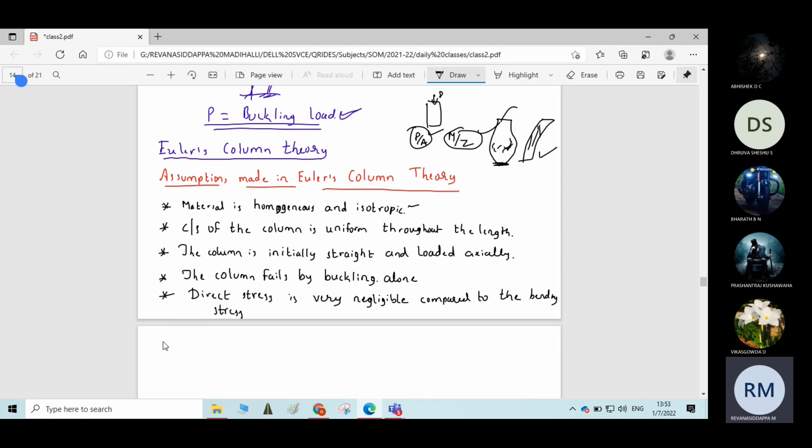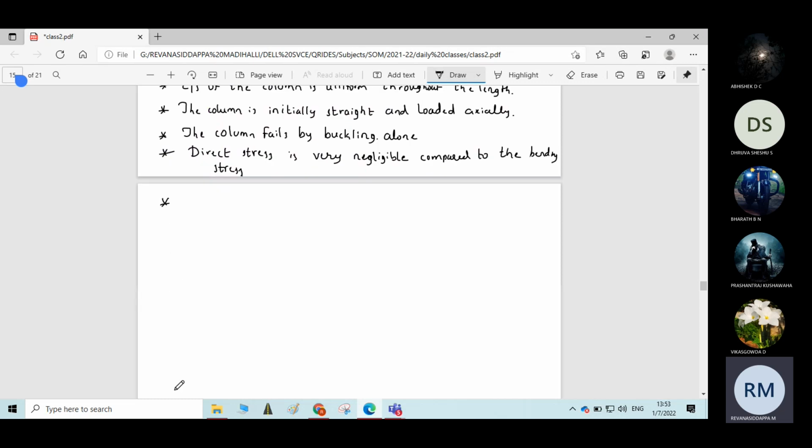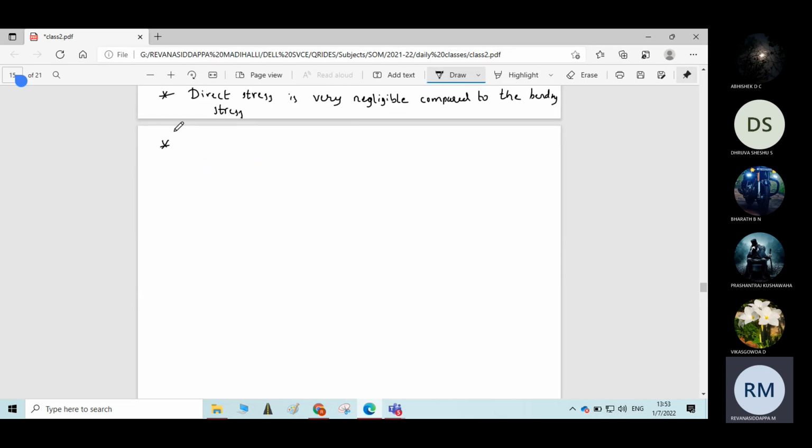Then the last assumption is the length of the column is very large compared to the lateral dimensions.